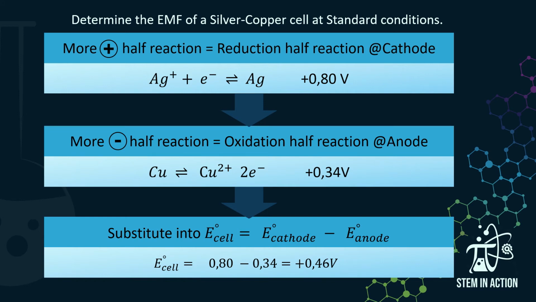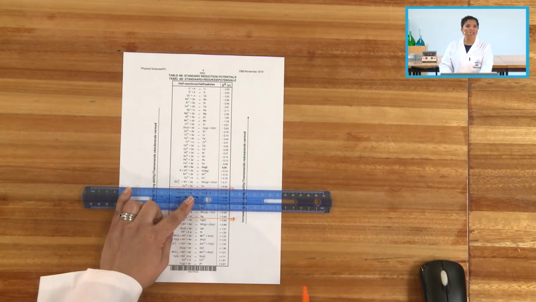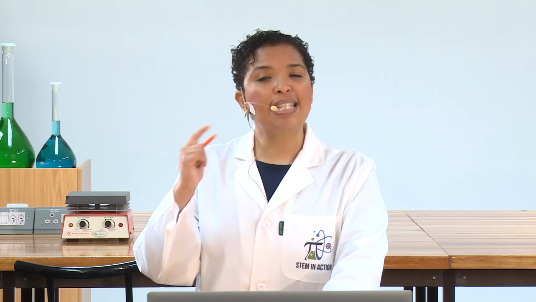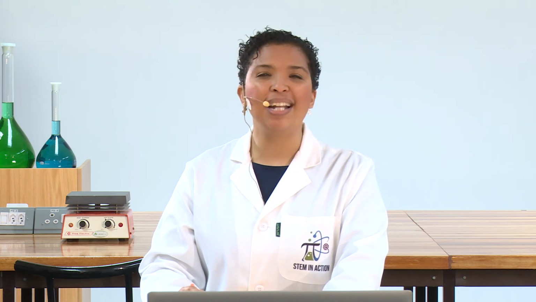So grade 12s, if you follow this method, identifying the reactions on your table, then looking at the most positive E naught value as your reduction half cell, your more negative E naught value as your oxidation half cell, substituting those values into your formula, you'll be able to easily calculate the E naught cell of galvanic cells at standard conditions.